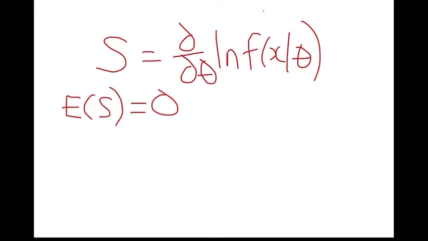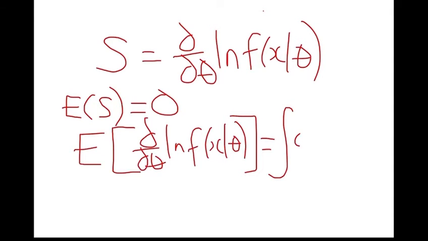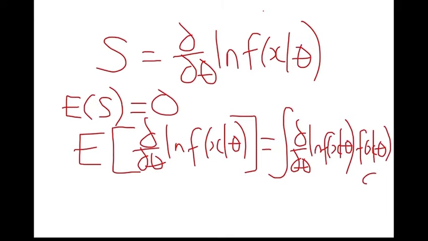I'm taking the score function to be a continuous random variable, and I want to find the expectation of it. So it's going to be the expectation of that guy equals the integral of that guy that I call the random variable, times f of s given theta, dx.